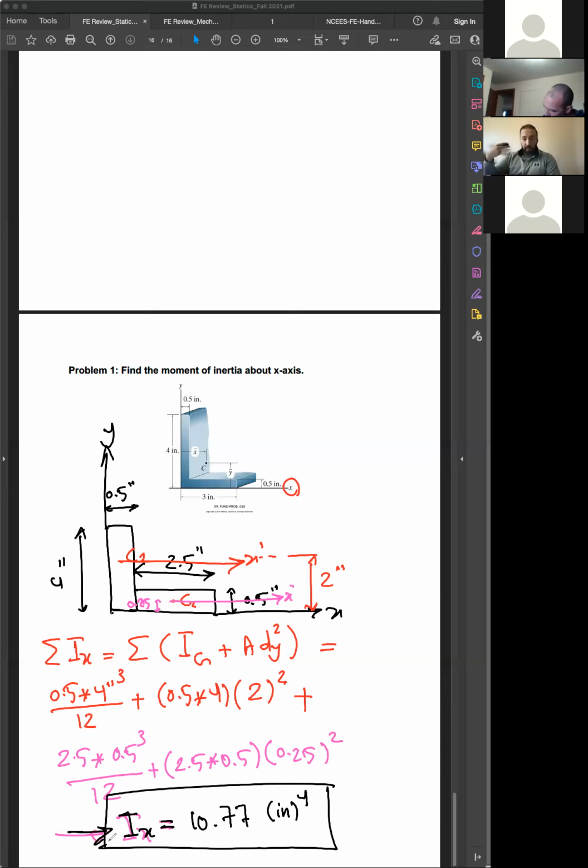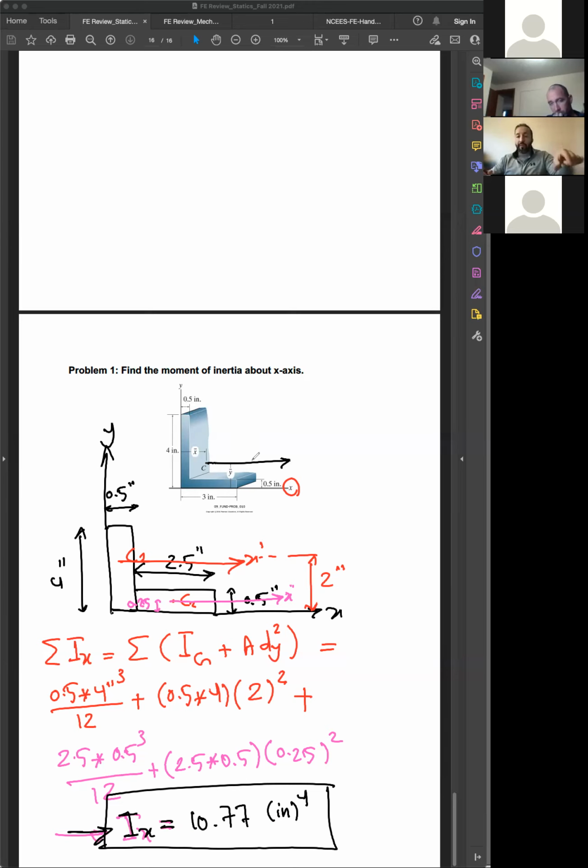Sometimes you can be asked to find the moment of inertia about the axis passing through the centroid. For example, it can ask you for the moment of inertia about this axis. The idea is the same. You need to find the local moment of inertia of the cross section plus A d squared. The A would be the same, no problem.